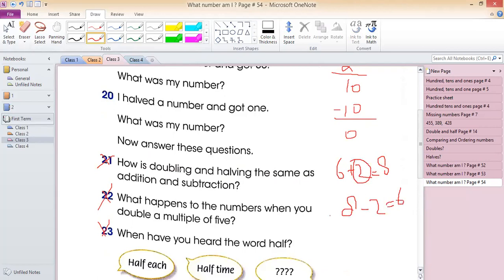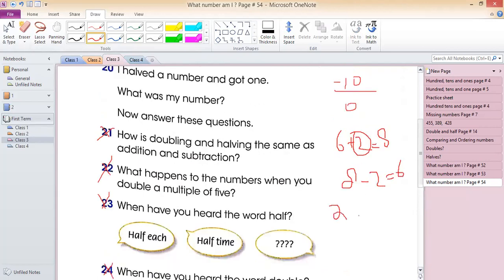In the same way, if I find the double of, let's suppose, 3, then 3 doubled means the answer will be 6. And if I find the opposite of that, half of 6, so 6 divided by 2 will give me the answer 3 again.